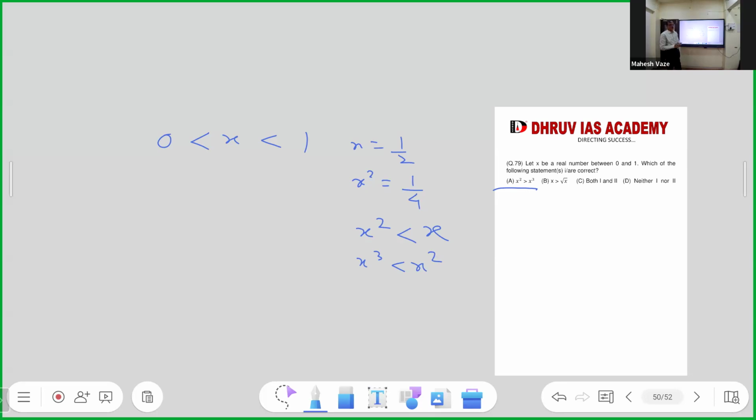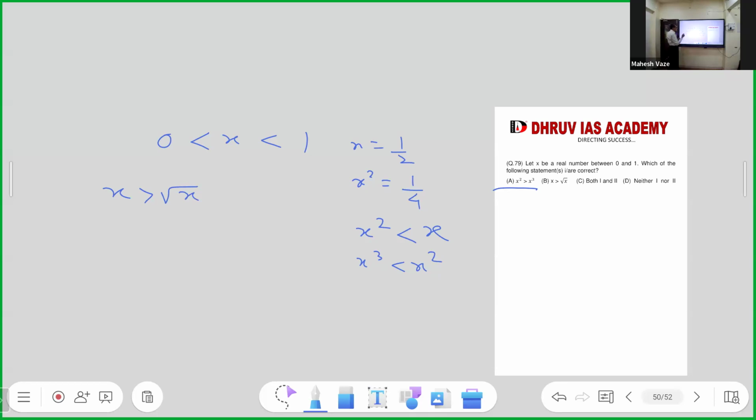But since the option is both 1 and 2, you'll have to check the second statement also: x greater than square root of x. Since both x and its square root are positive, if you multiply by a positive number, the relation will not change.